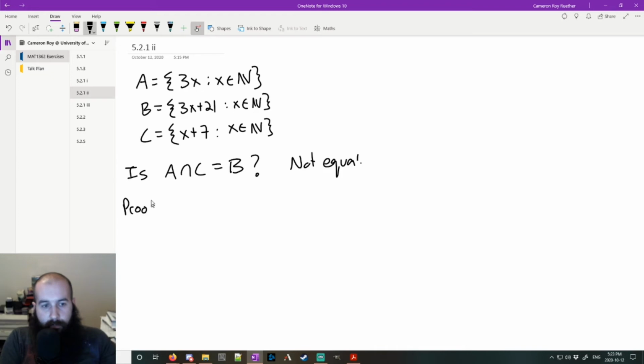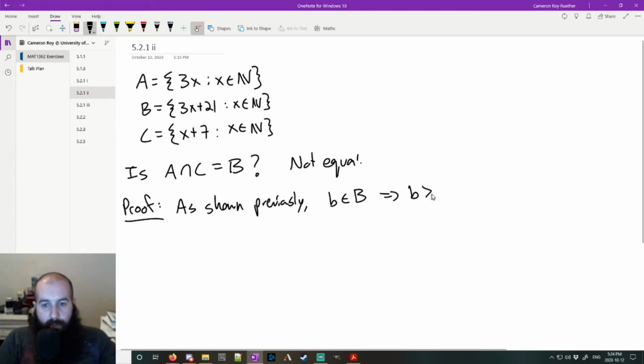Proof. As shown previously, for an element in B, we know that B is greater than or equal to 24.